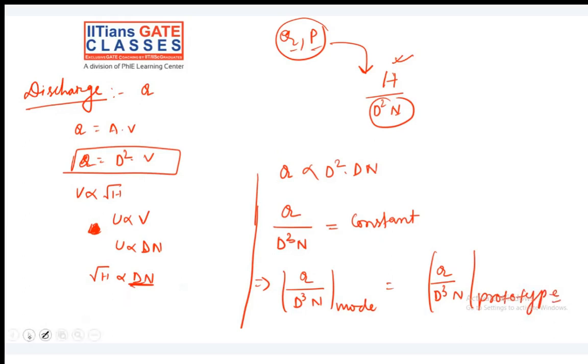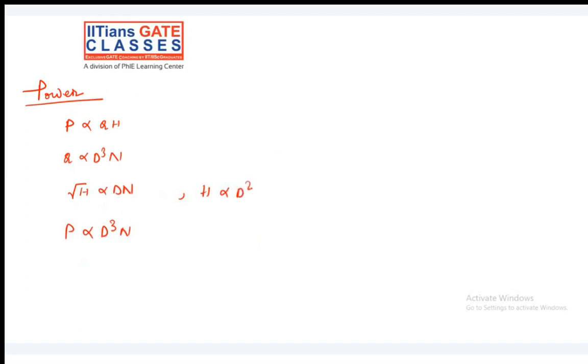Fine. Similarly, let us go to power. For power, we know that power is directly proportional to QH. Q we have just seen is directly proportional to D cube N, and the square root of H is directly proportional to DN, so H is directly proportional to D square N square. So power is D cube N times D square N square.